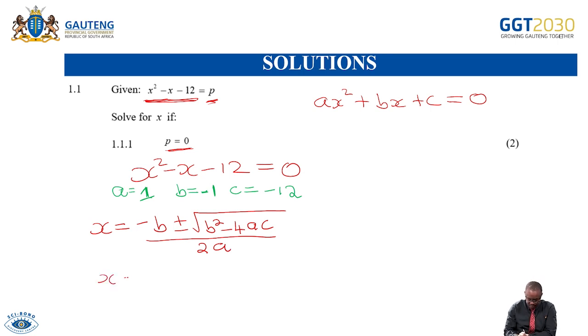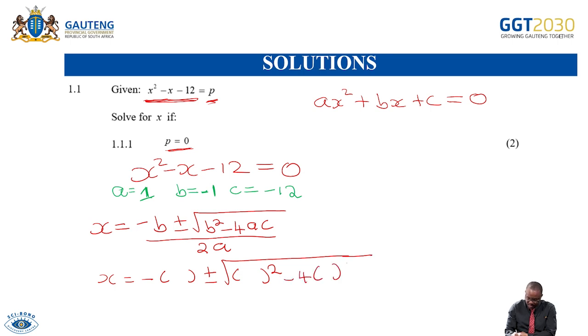Then you will also substitute. Remember, when you substitute, you must always substitute inside brackets. Don't forget to put the square. That is one of the mistakes that learners commit when they are using the quadratic formula. They forget to write the square, even when they punch it in a calculator. So you have to be careful with that.